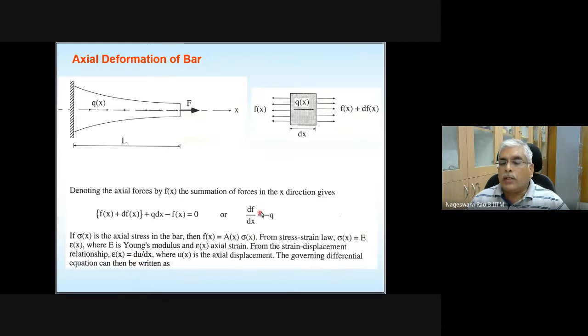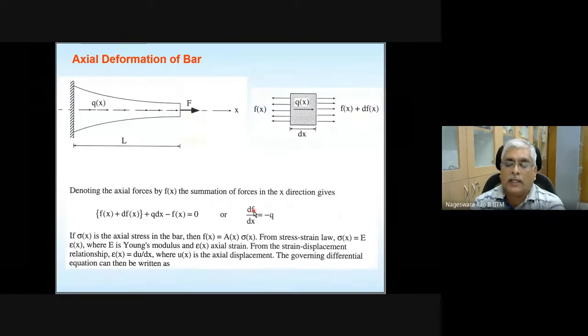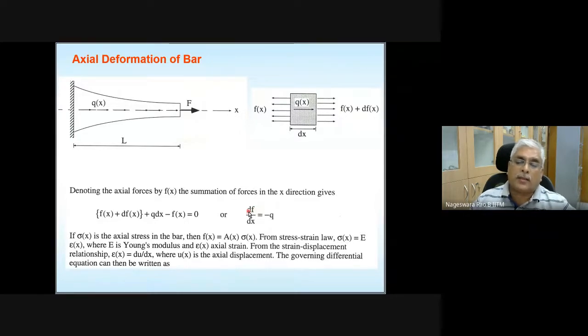So substituting all this information, F is equal to... I told you yesterday, please keep taking notes because I am going through these slides. So it is better if you take notes so that it's easy for you to understand.